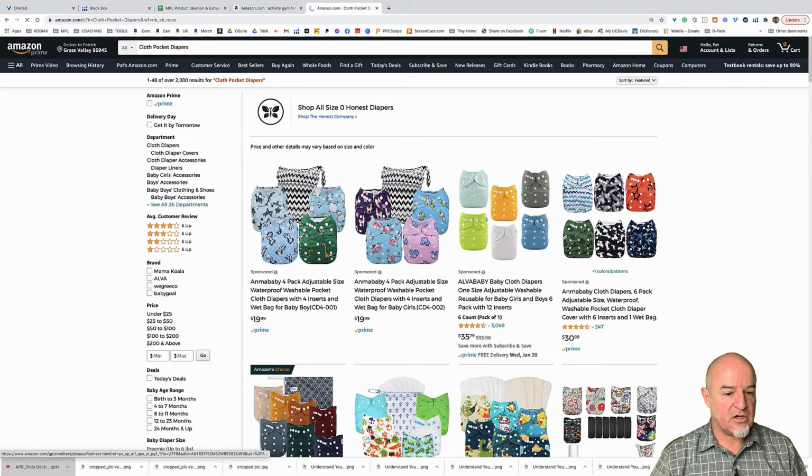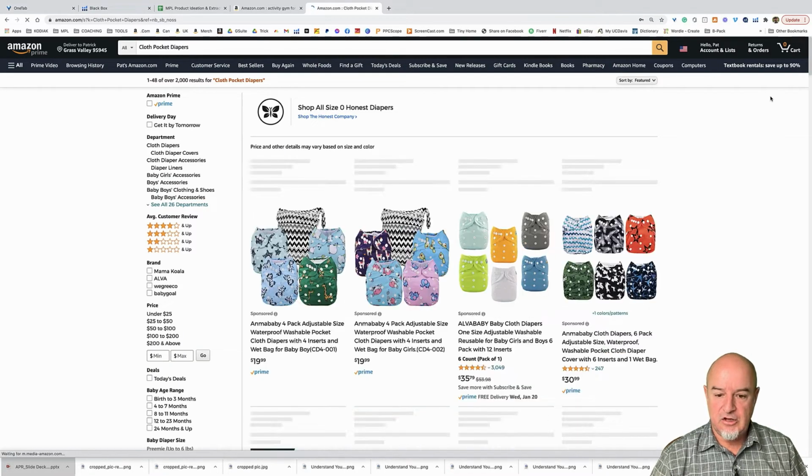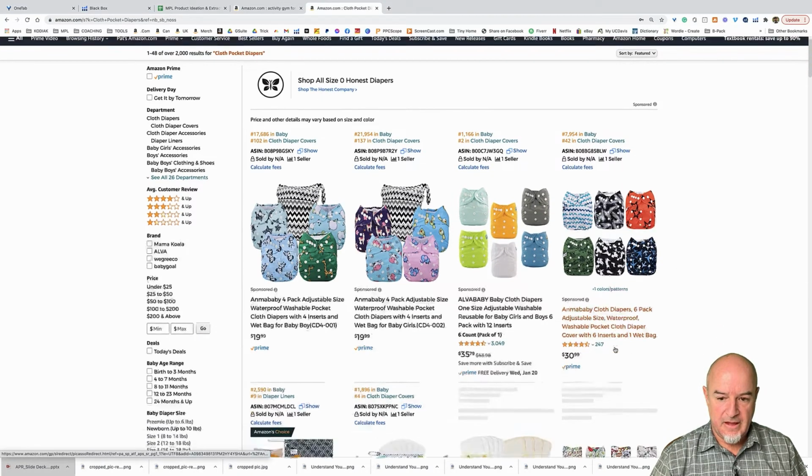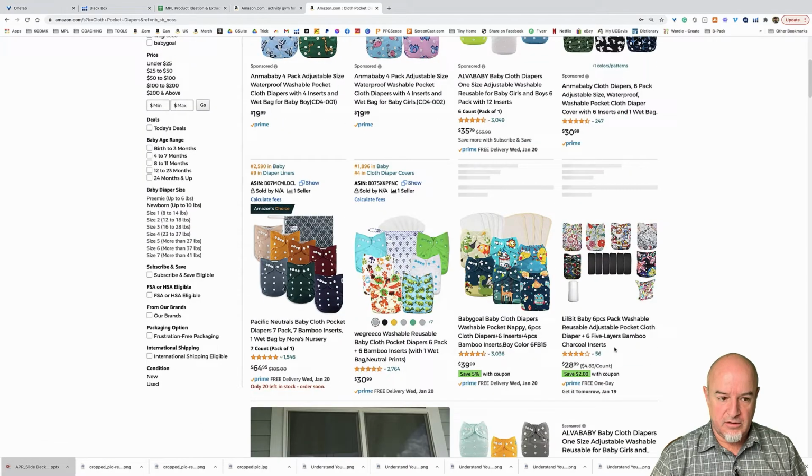Go out here and search on cloth pocket diapers, and take a look at who else is selling in this market and really dive deeper into your research in order to determine if this is a good idea or not.